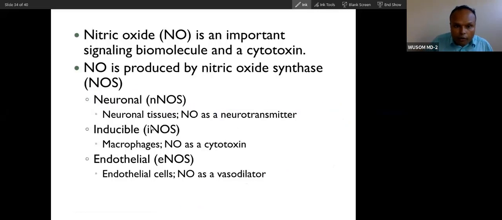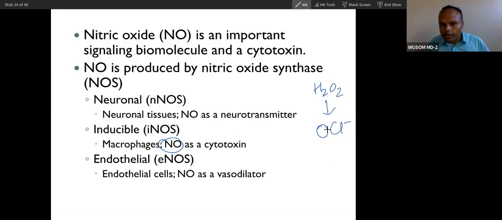Now, there is a third function of nitric oxide. As you have seen, the production of H2O2 has resulted in hypochlorous acid. The same way, nitric oxide is also produced in macrophages, and when it combines with chloride it can form nitrochlorous acid, which is also very deadly to bacteria.